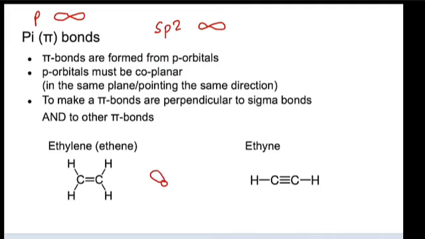One of them would be overlapping with a hydrogen's s orbital. Another one of them here would be overlapping with the other hydrogen's s orbital. And the third one, it's oriented this way so that it can overlap with the other carbon atom's sp2 hybrid orbital.